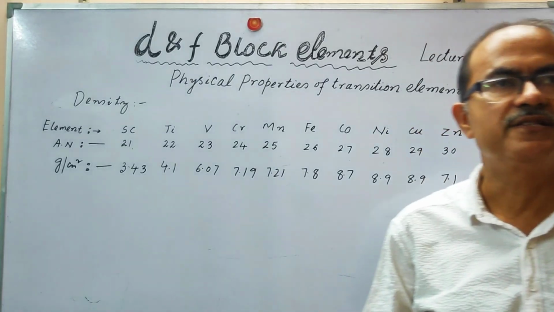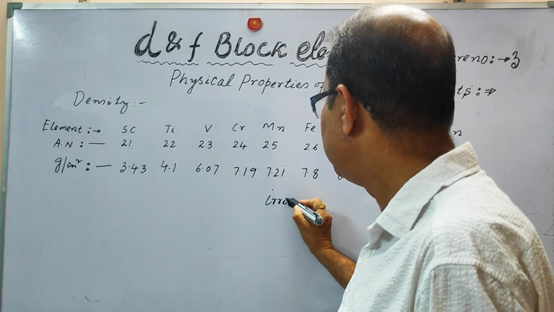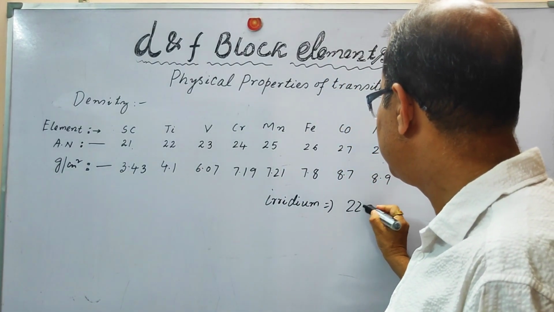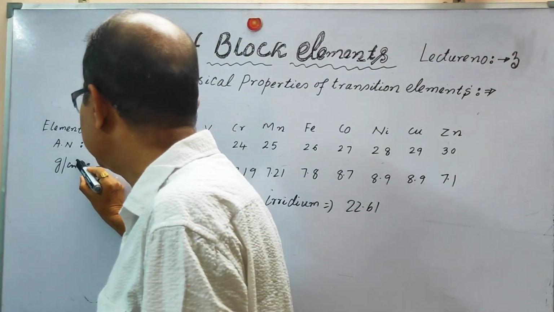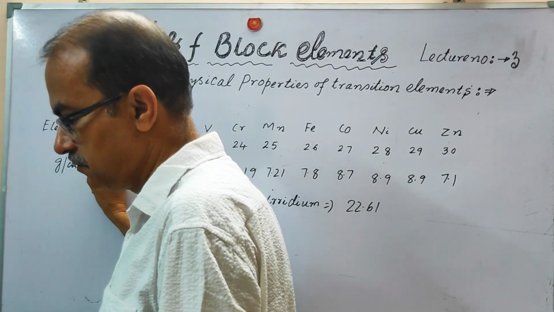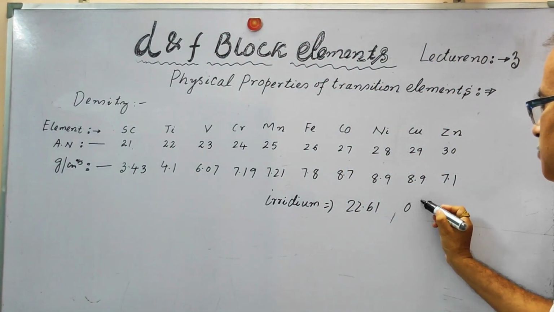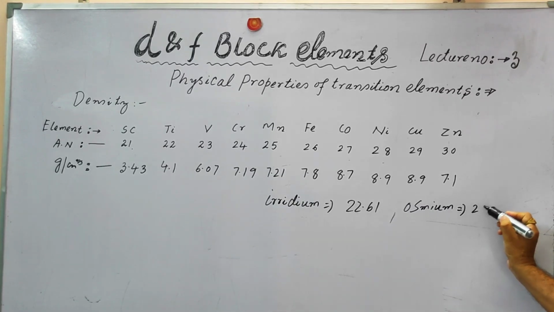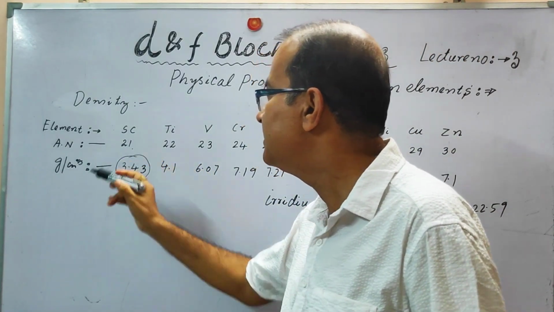Among the three series there is one element, iridium, having the maximum density, that is 22.61 gram per centimeter cube. So iridium and also osmium have a density of 22.59, and the lowest density is of scandium.